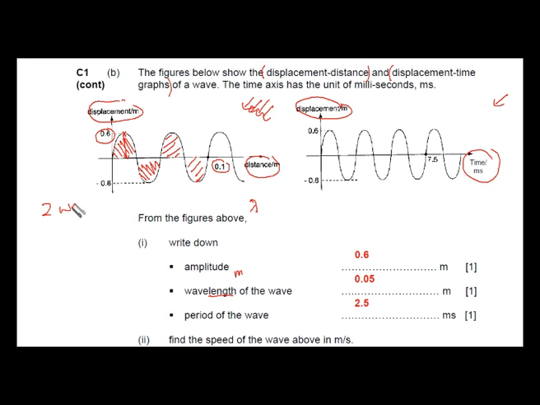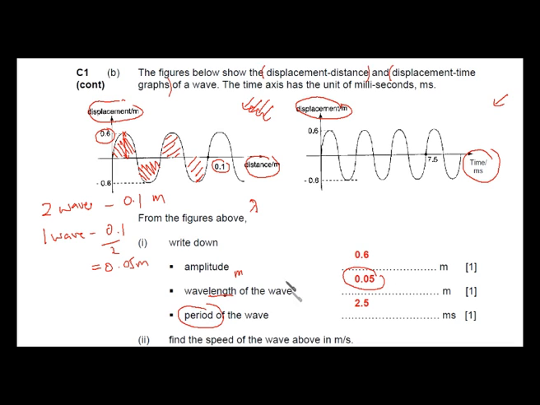So two waves occur in 0.1 meters. So for one wave, what is the length? 0.1 divided by 2 equals 0.05 meters. So the wavelength is 0.05. Okay, now let's move on.